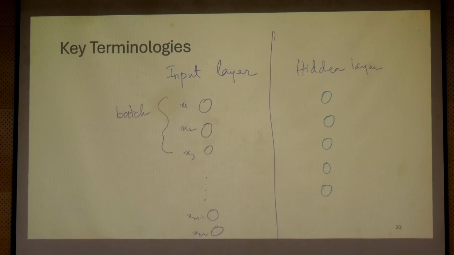So it can be 1, 2, 3, 4, 5 up to, let's say, L. L be the size of layers. Okay? So there are L neurons in a particular hidden layer. So you can have 10 neurons, you can have 2 neurons, you can have 20 neurons. So you can have more neurons within that one layer.